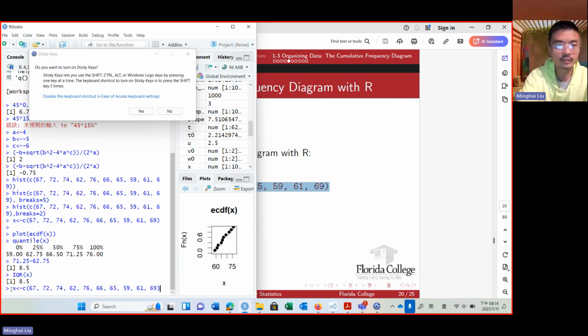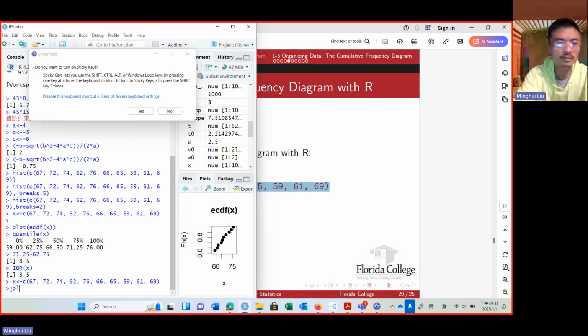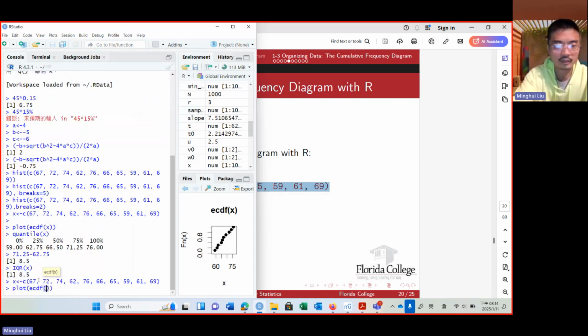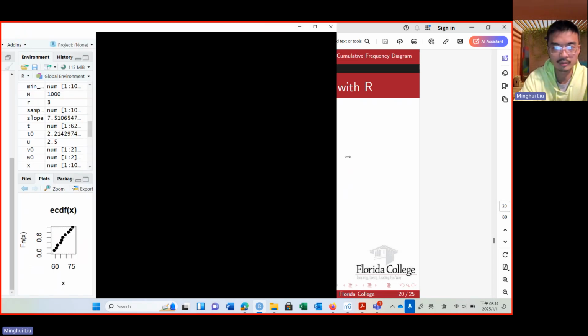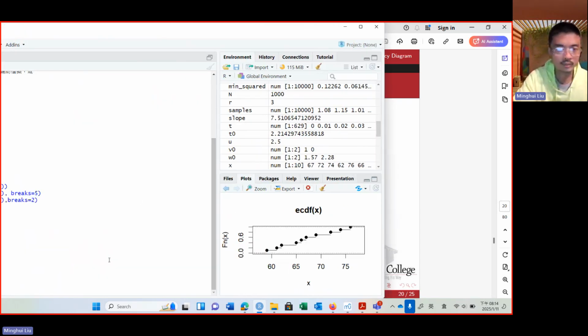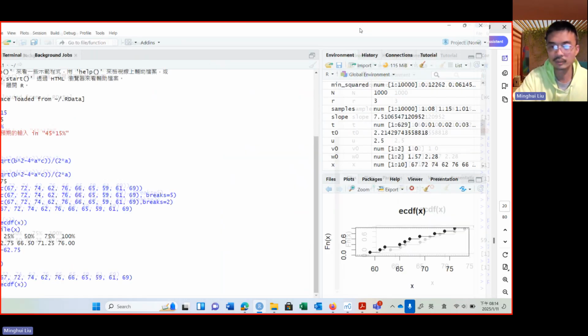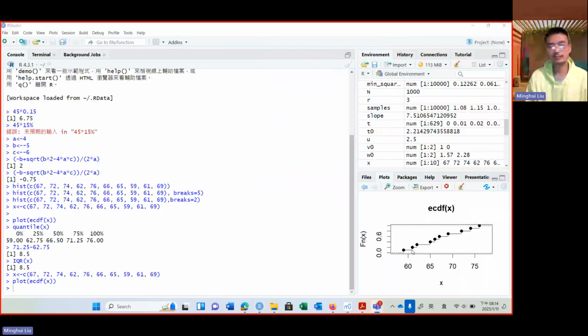And then the code we're going to use is to plot the ECDF of x, and this will give you a graph that looks like this, and I can make it a bit larger so it's easier to see. So if I make this graph larger, this is what the ECDF would look like. Here, this is the cumulative frequency diagram. You might say, hey, this is different from what we have drawn. The answer is yes, but it's a different way of representing the data, with a similar concept.